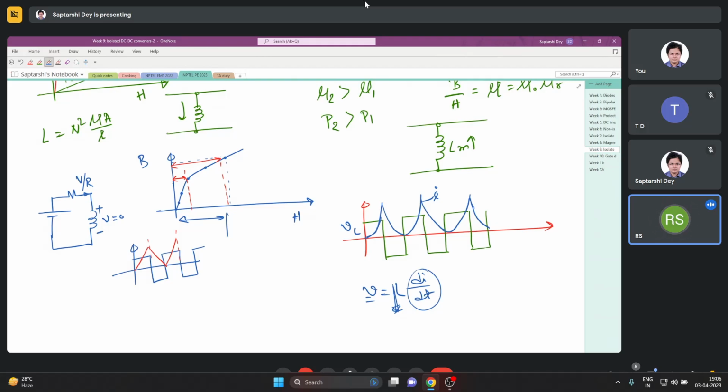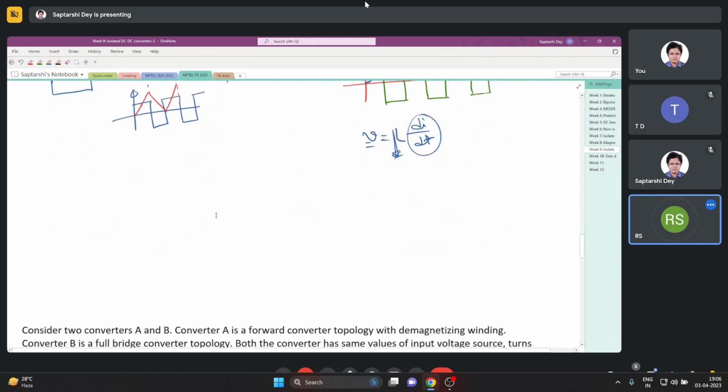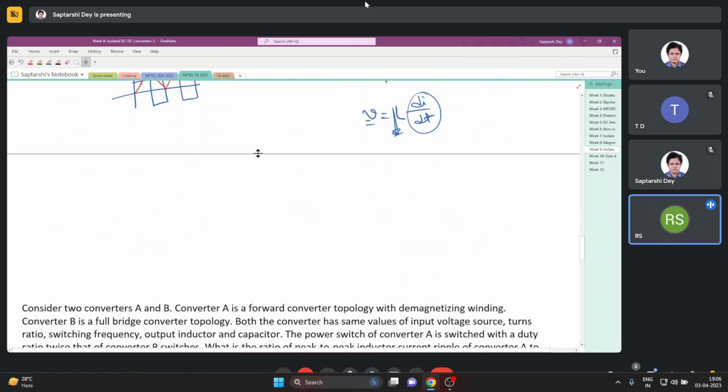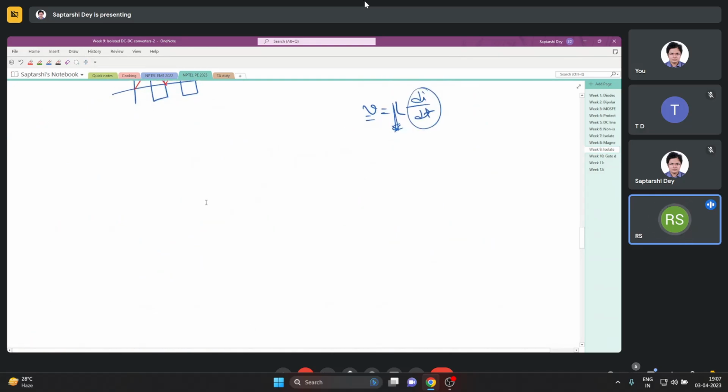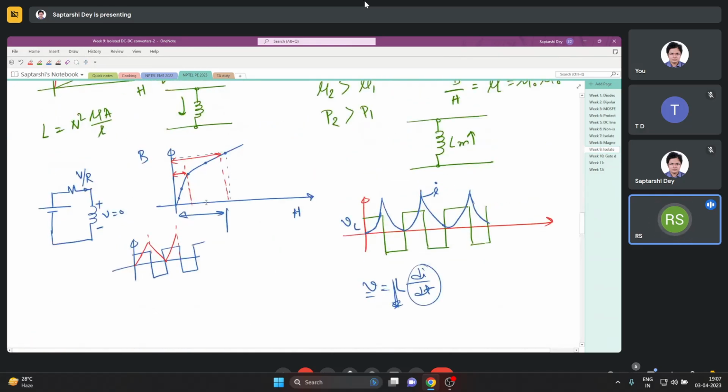As far as the flux is varying in the linear region, we will have something like this, the voltage curve that we have drawn, because if we're in the linear region, the inductance of the circuit does not change. In saturation, the inductance drops. So for keeping the voltage constant, the current changes accordingly, di by dt.